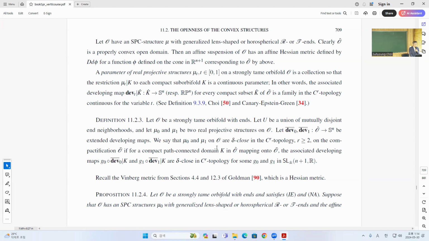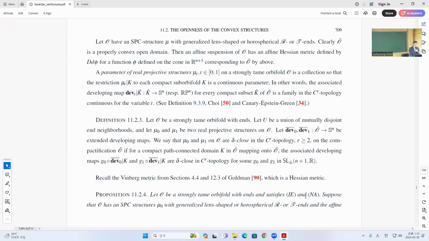So this delta closeness, of course, depends on this K. But the K has to map onto this O bar. Okay, so that's the requirement. So maybe I should make that clear later.